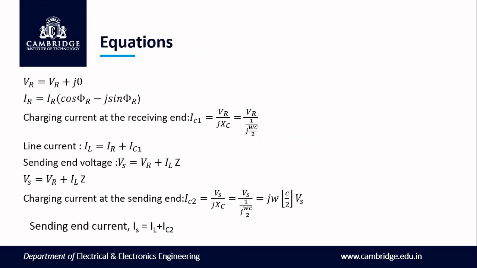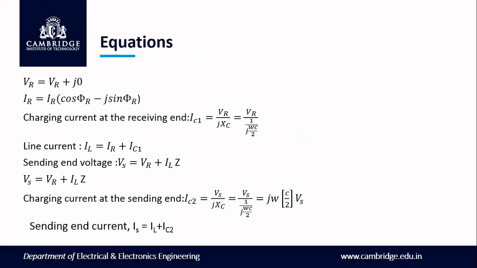Next, these are the equations related to the nominal pi method. So VR is nothing but VR plus J0. IR is nothing but IR into cos phi r minus J sin phi r, because the current is lagging behind the voltage. So that is why we have the angle as negative.